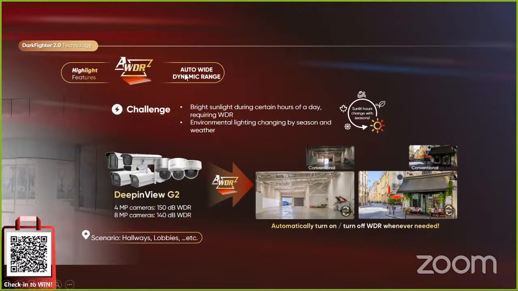All right. And for the auto WDR, auto wide dynamic range should handle the bright sunlight during the 13 hours per day, and the environmental lighting changing by the season and the weather, which cannot be controlled. Human effort is relieved from this job. We hand that over to the AI to figure out when to adapt and use the best WDR parameters.